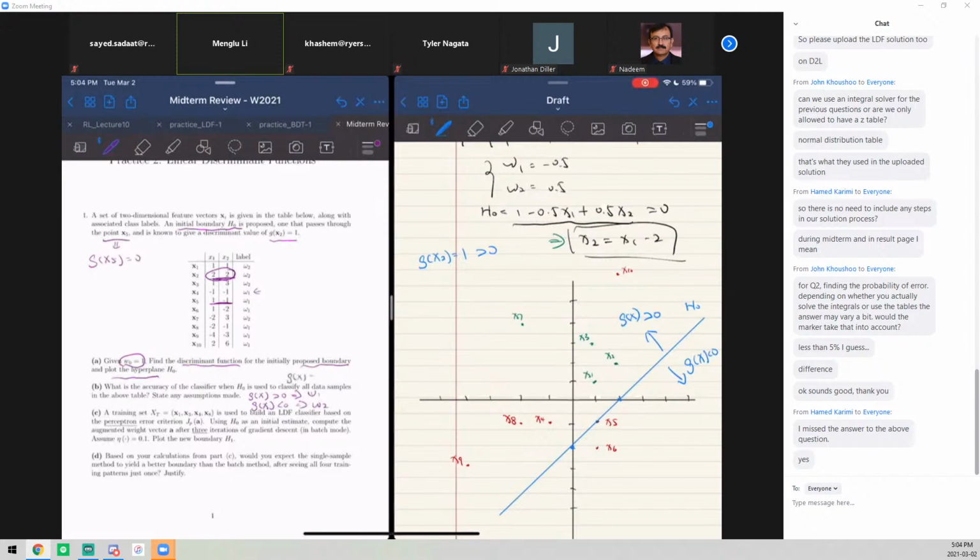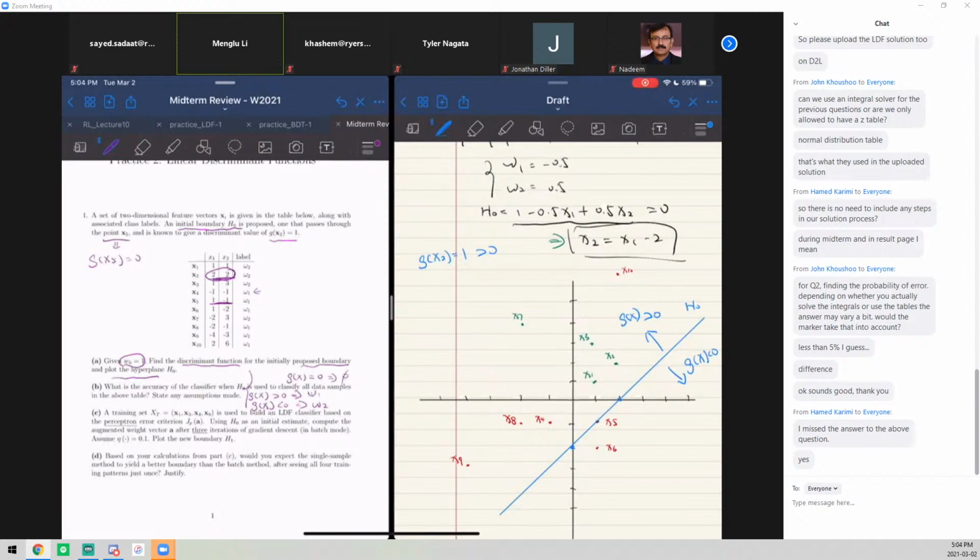When the g function is equal to 0, we don't classify it as any class. We just say it's misclassified. That's our assumption. If you make another assumption, you will get a different result. But right now, that's my assumption, so all my accuracy is based on this assumption.